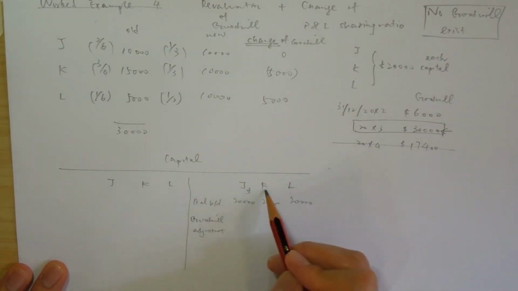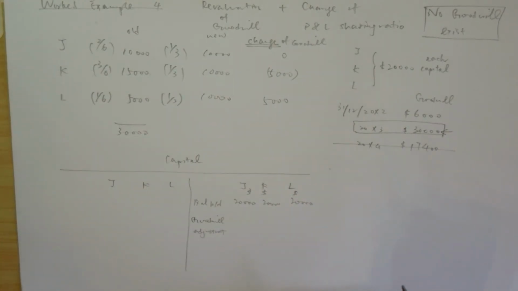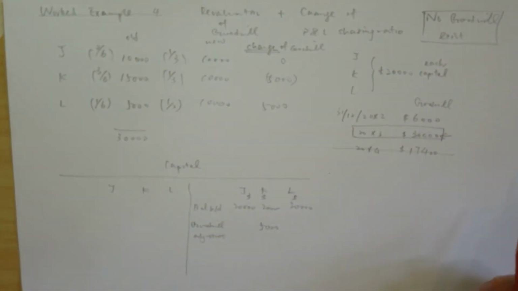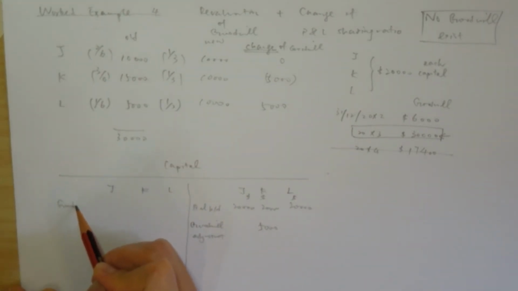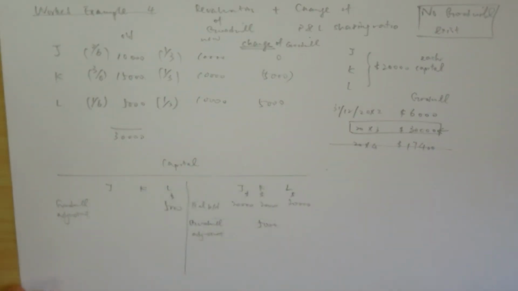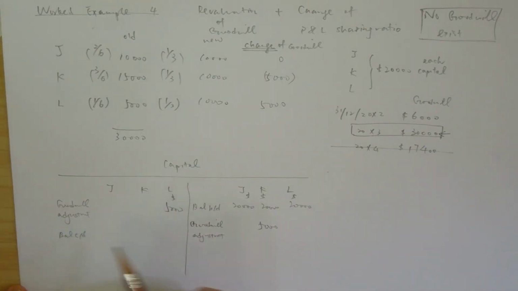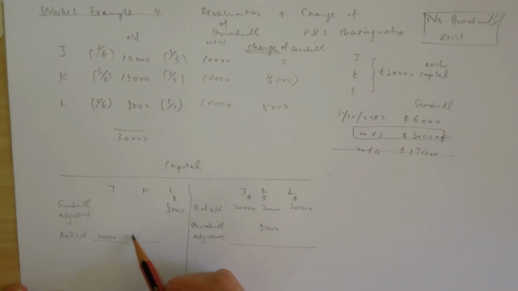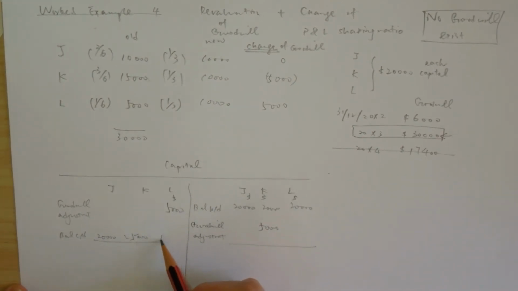For J, the goodwill adjustment is 0, no need to have. For K, we credit 5,000, therefore negative, we credit it. And for L, we debit 5,000. So when we do the balance carried down, J, K, L are 20,000, 25,000, and then 15,000.